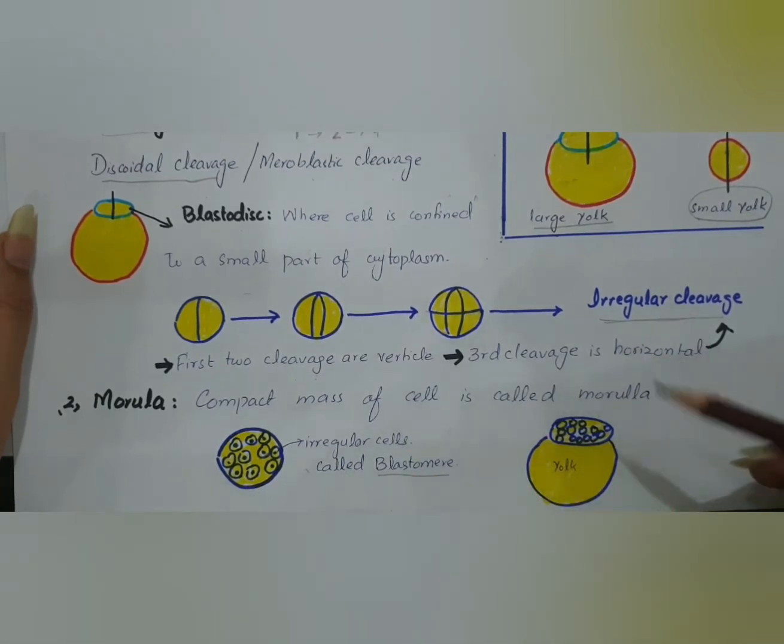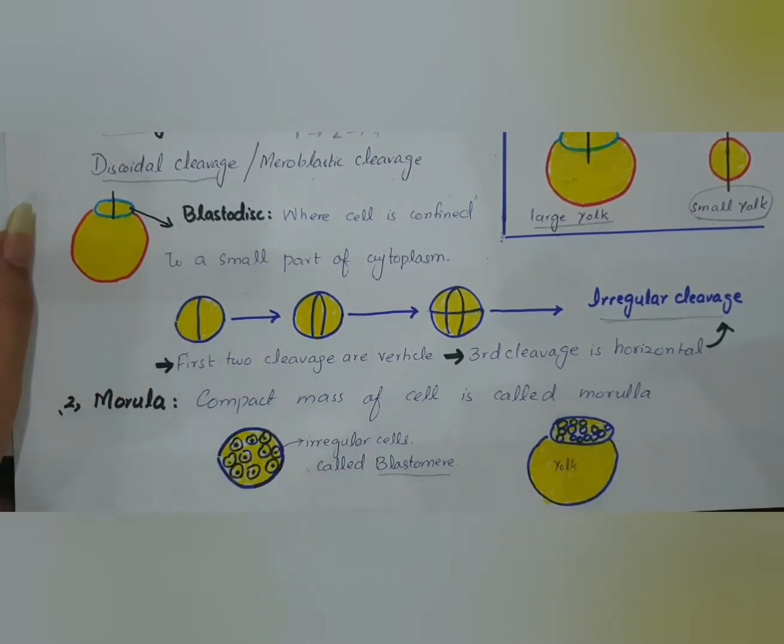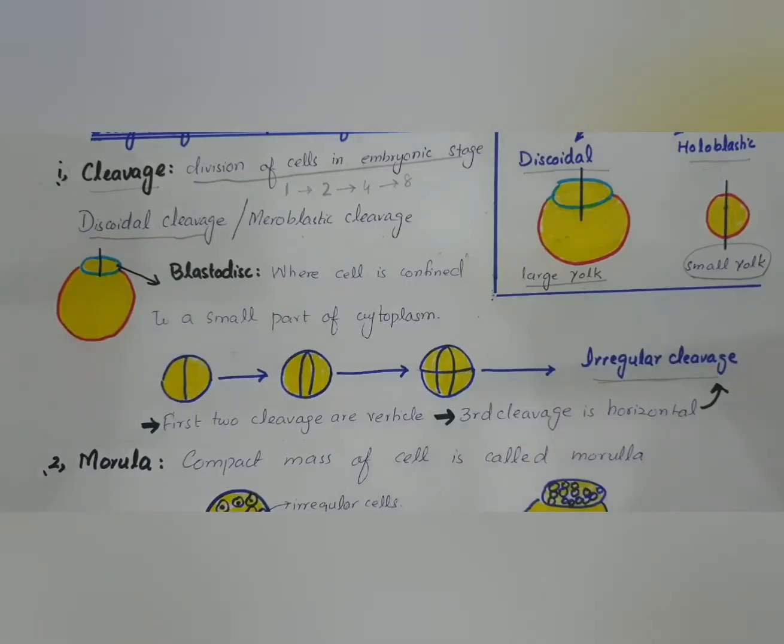And listen to me, the whole process occurs only on this blastodisc that is present on the yolk, as I discussed here. So the first stage is cleavage and the second stage is morula.